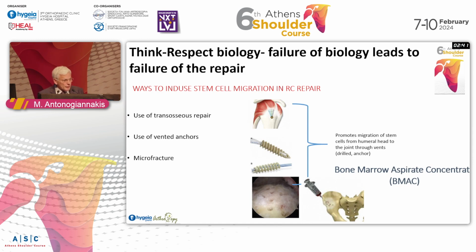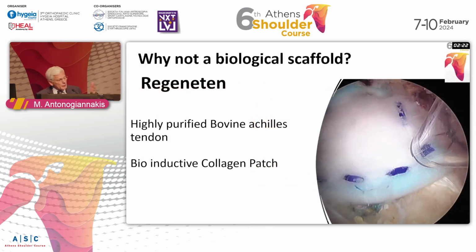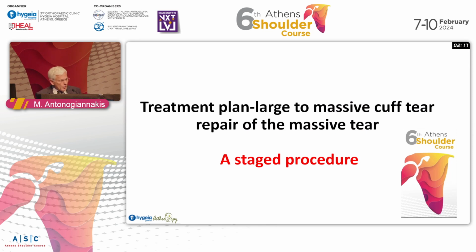First, a strong fixation, a strong mechanical construct that is going to keep the tendons in place, whatever we put there, for a long period in order to be able to heal. And then we must do anything we can in order to increase the biological activity that heals the cuff. And we have now biological scaffolds and also tendon scaffolds.